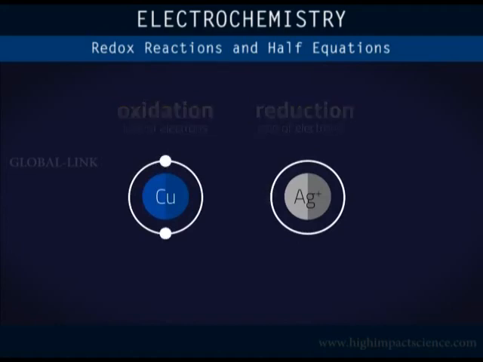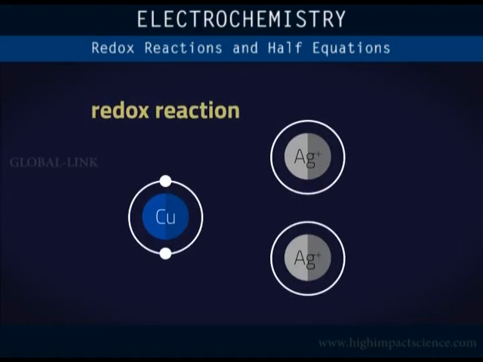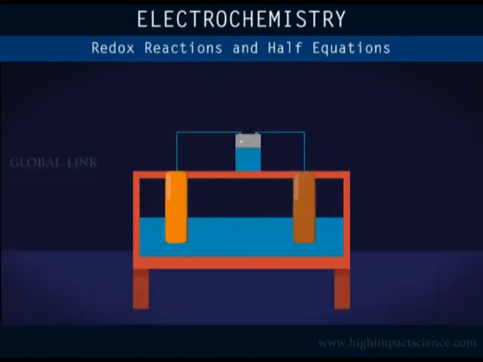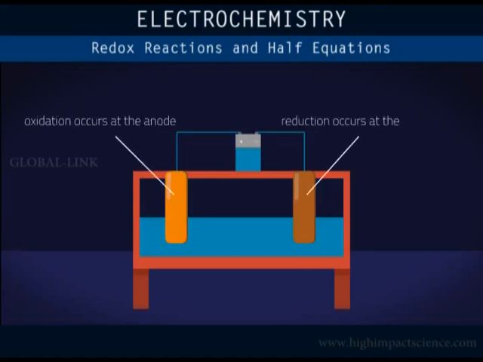So, for a redox reaction, electron transfer has to happen with one substance losing electrons and another substance gaining electrons. In electrolysis, a half equation shows us what happens on one electrode. So we need to complete and balance these half equations for the reactions. Remember, oxidation occurs at the anode and reduction at the cathode.